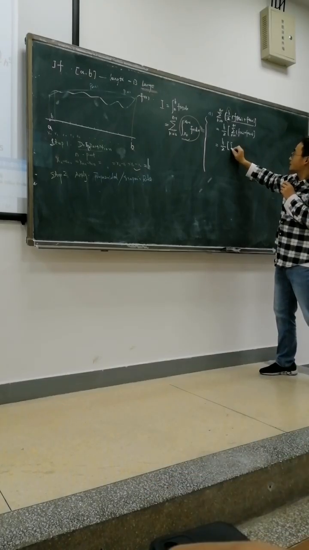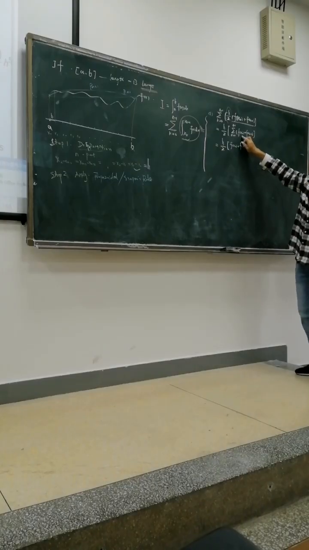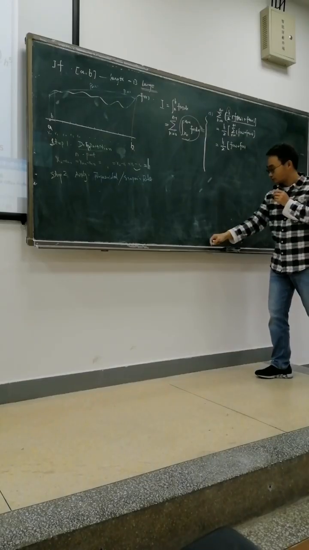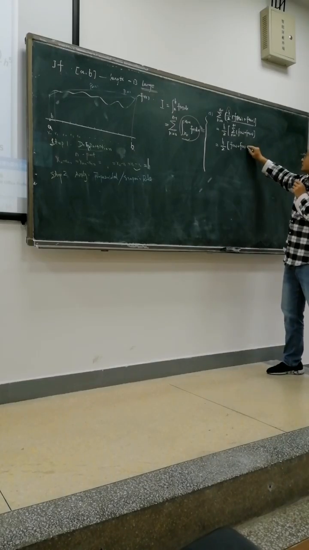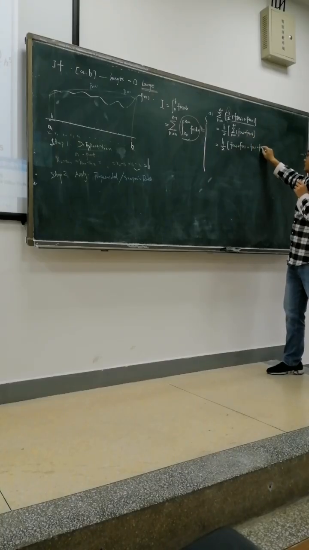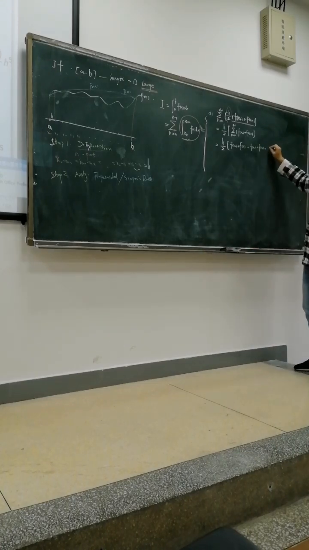In the first interval, this is f of x0 plus f of x1. In the second interval, it should be f of x1, k equal to 1, plus f of x2. In the third interval, f of x2 plus f of x3, and so on and so forth.